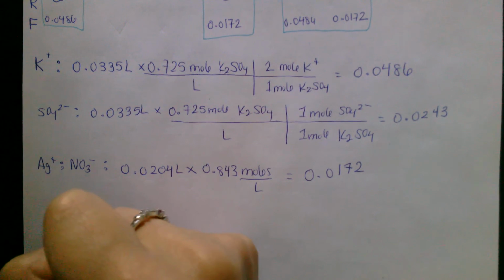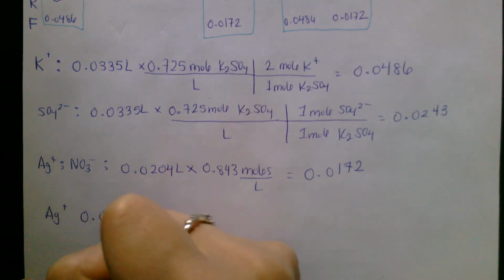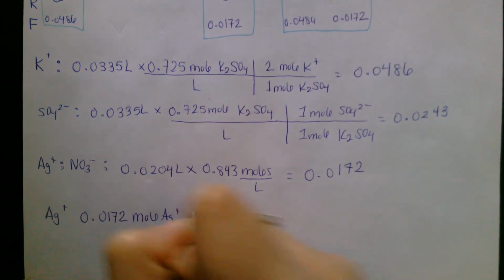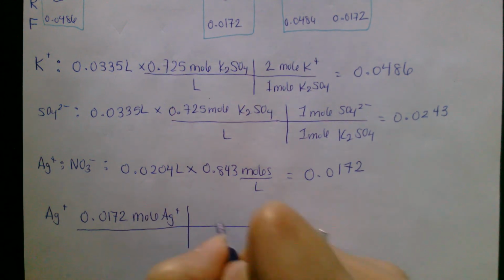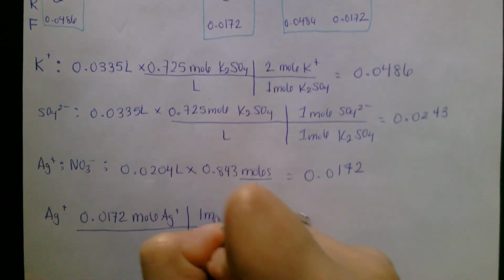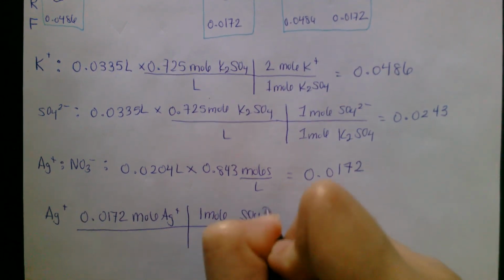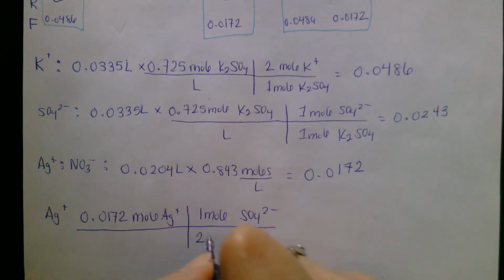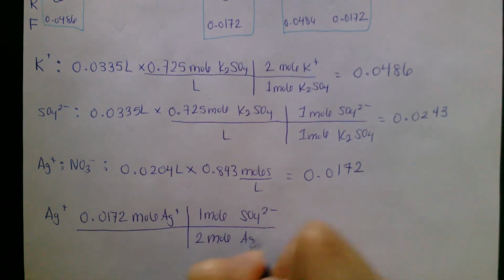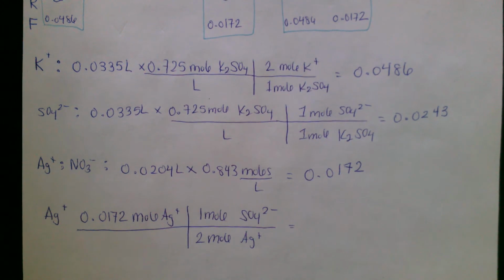We have 0.0172 mole of silver. When it reacts, we need 1 mole of sulfate for every 2 mole of silver, so we have 0.0172 divided by 2.